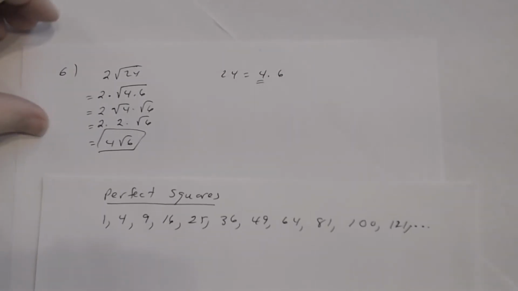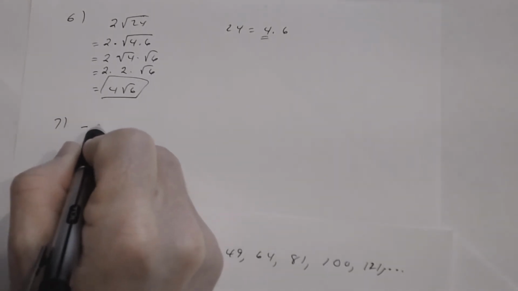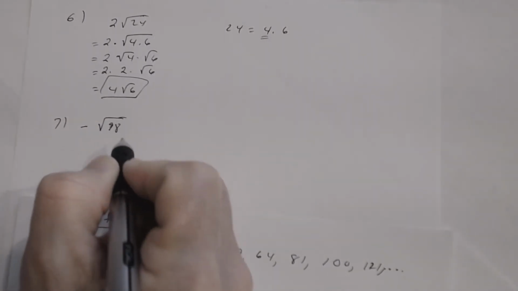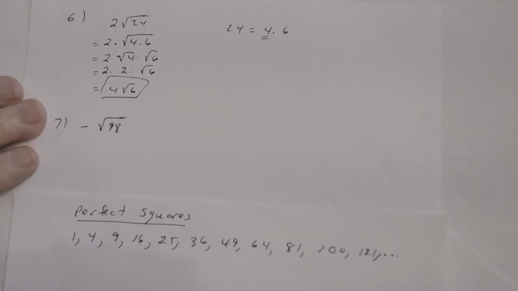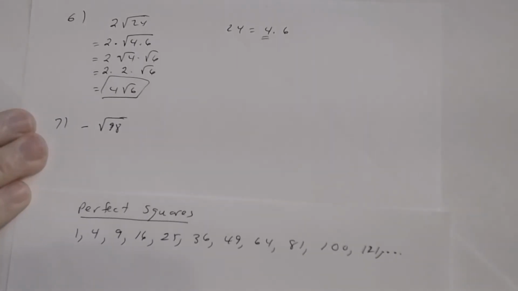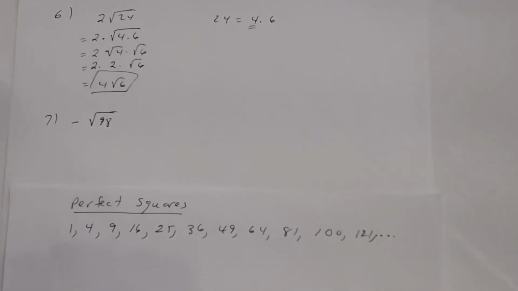Number 7, let's suppose we had negative square root of 98. Okay? So let's go through the process and see if I can find a perfect square other than 1 that goes into 98.